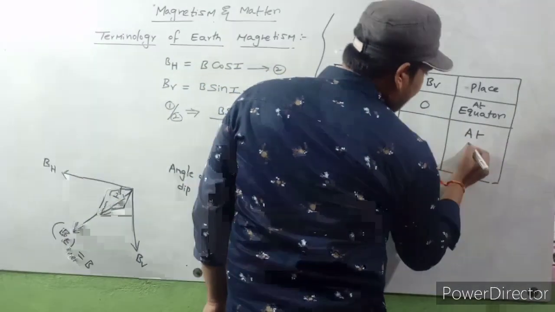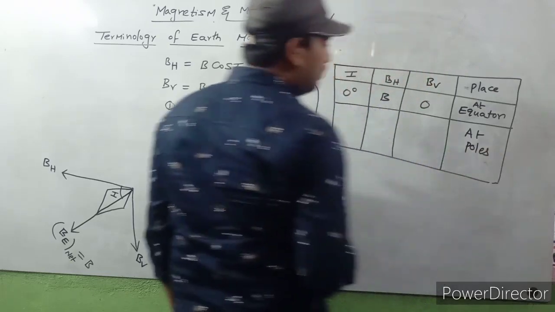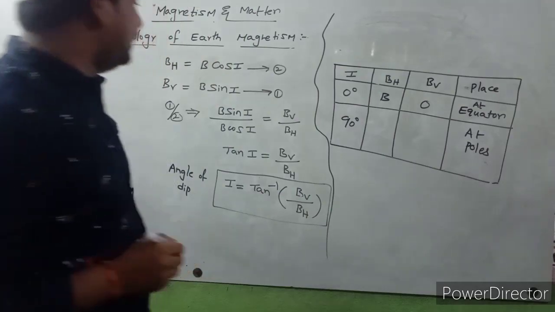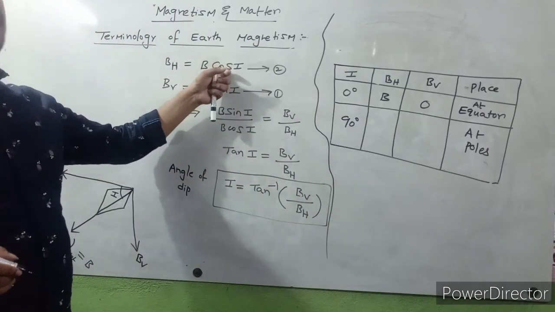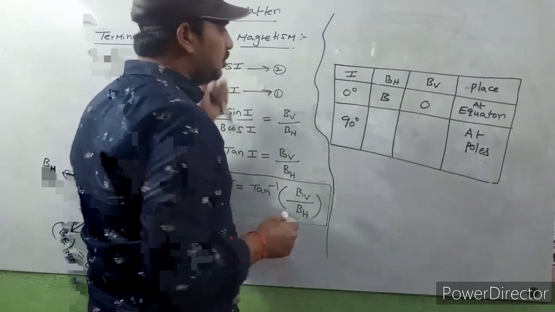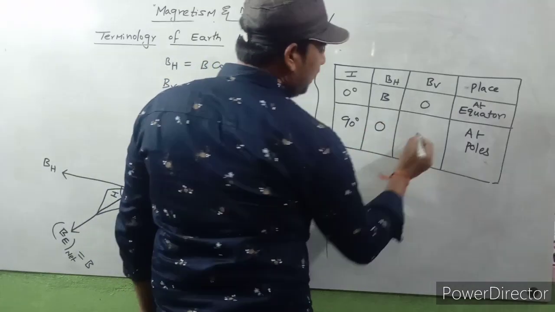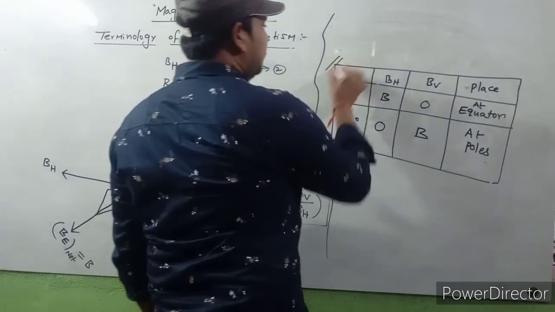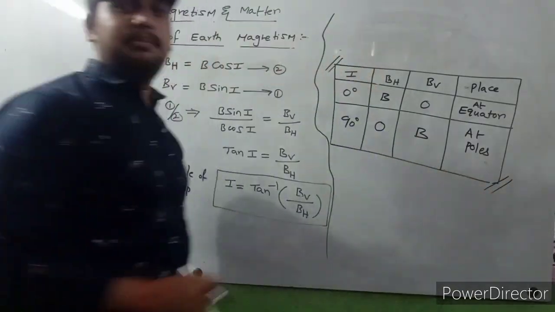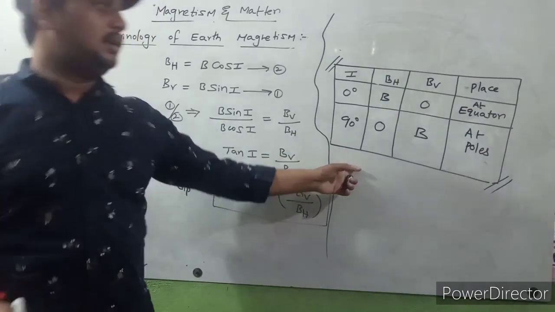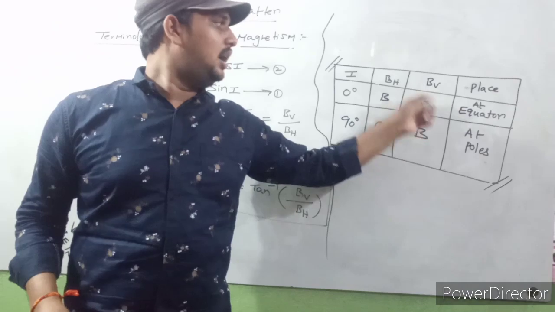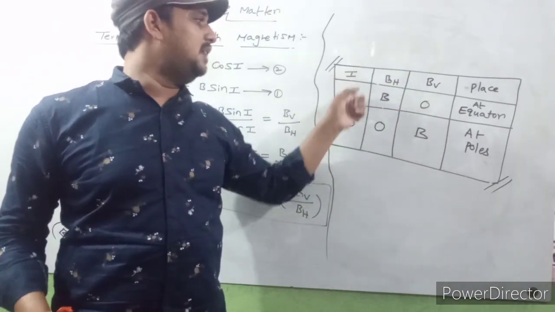Next, at poles, I is equal to 90 degrees. If I is equal to 90 degrees, you can substitute cos 90 value 0. That's why BH value is 0, BV value is B. So this table is very, very important. If the place is at the equator, BV value is 0, BH value is B and I value is 0 degrees.